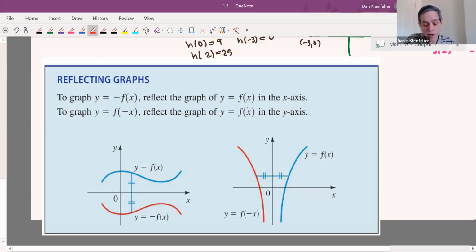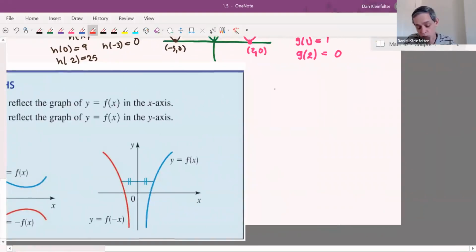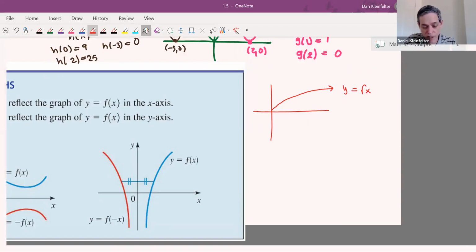Here, you know what the graph of y equals f of x looks like. This would be taking all the y values and putting a minus sign in front. So any y values that are positive would turn negative, and any negative ones would turn positive. So for example, if you have the graph of the square root function, which looks like that, we saw that when we did a little linear approximation a couple of sections ago.